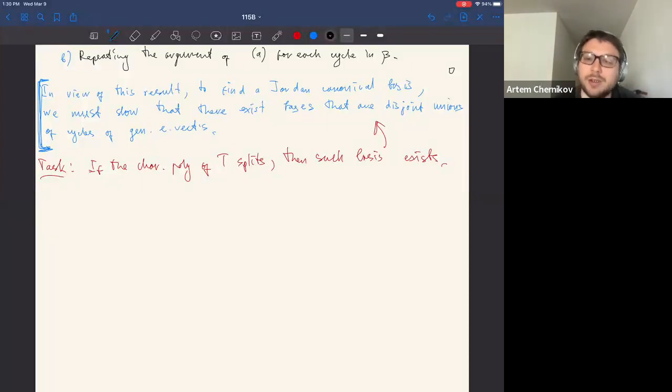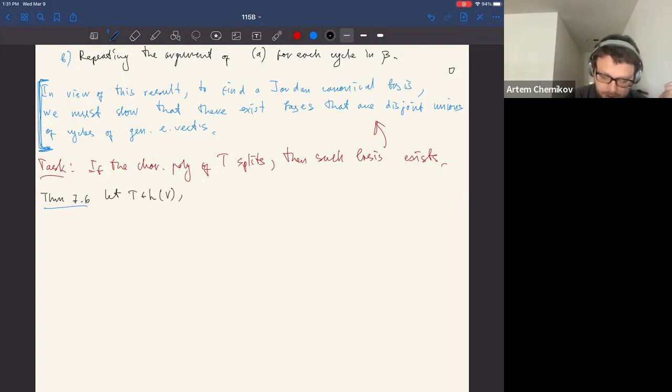We need to demonstrate that we can always find a basis of this form, assuming that the characteristic polynomial splits. So, okay, this takes a bit of work. The first result that we need towards this purpose is Theorem 7.6.